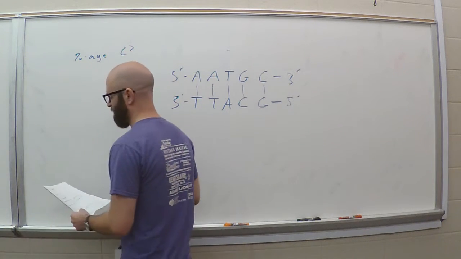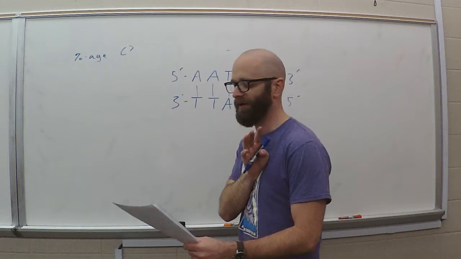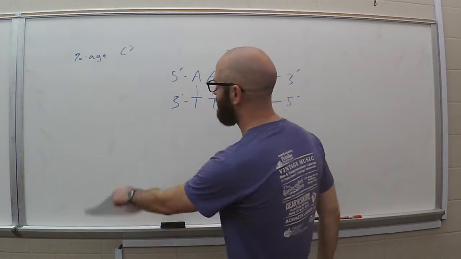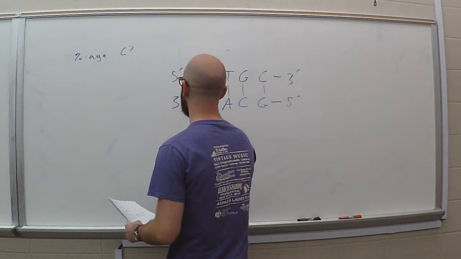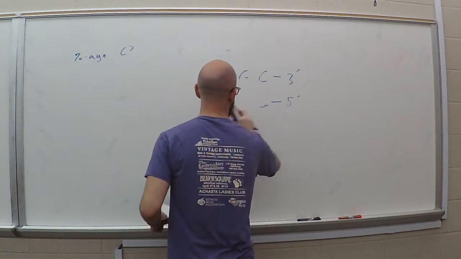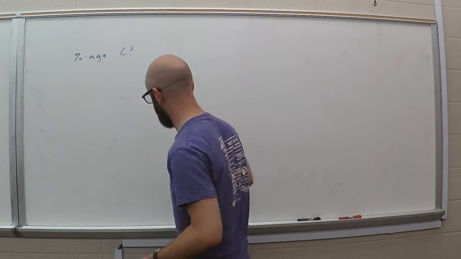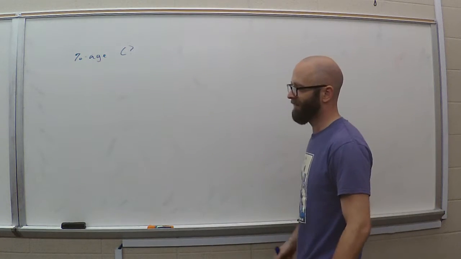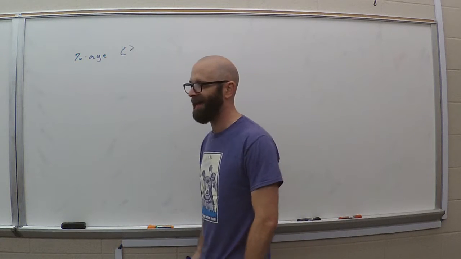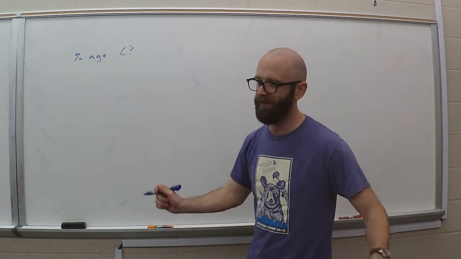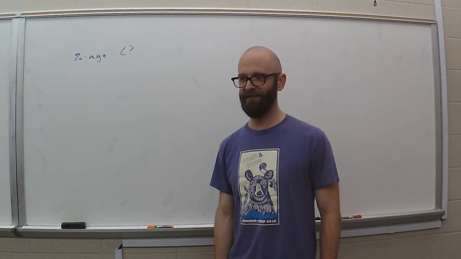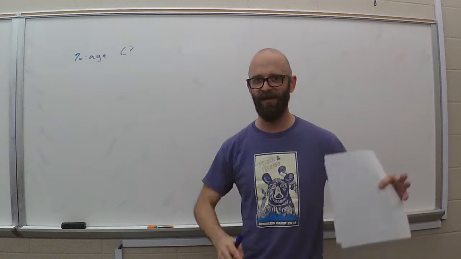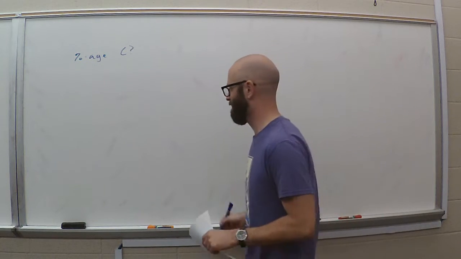If that double strand of DNA is 31% adenine, what percentage of the double-stranded DNA is cytosine? And this is real easy to figure out. Think about it this way. If it's 31% adenine, what percentage is thymine? 31%, right? Because there's an equal amount of adenine and thymine.